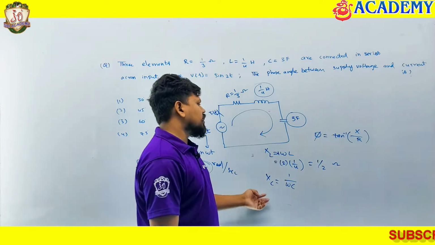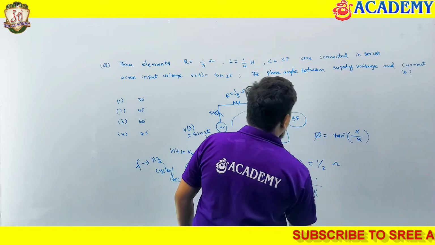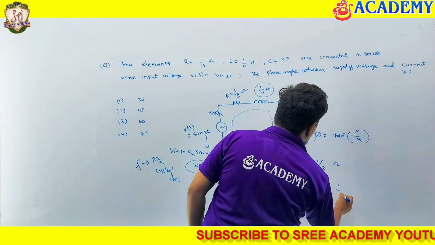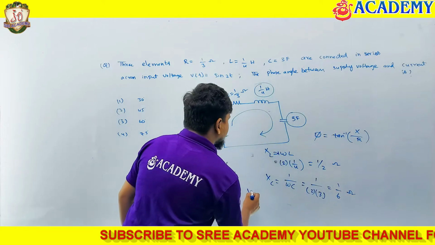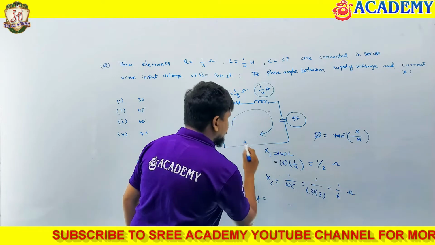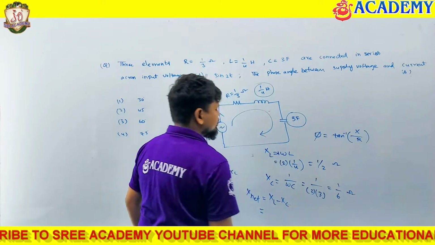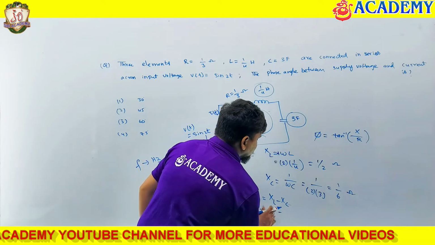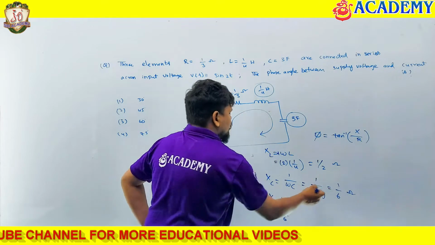So first, 1 by omega C, where omega is 2 and C is 3 farads, gives 1 by 6 ohms. Now the net reactance of the network is XL minus XC. The XL value is 1 by 2 and the XC value is 1 by 6.